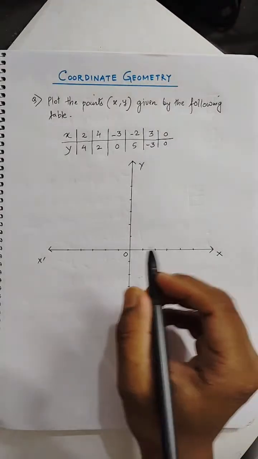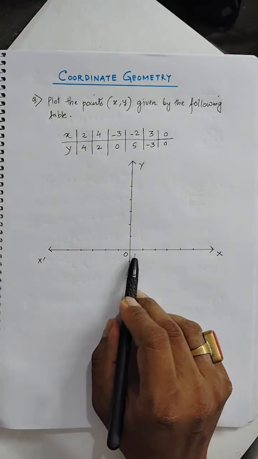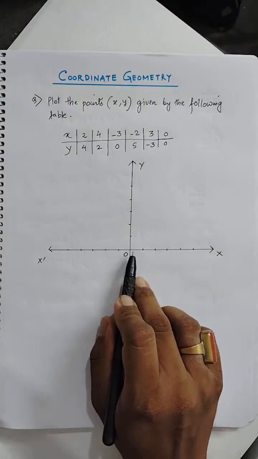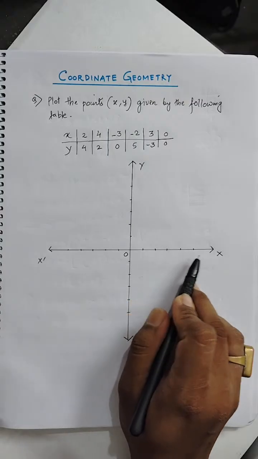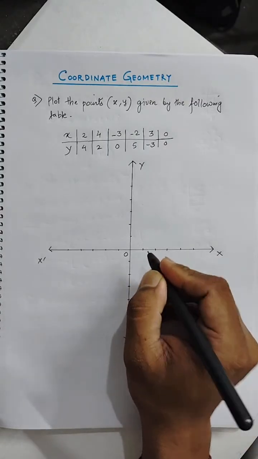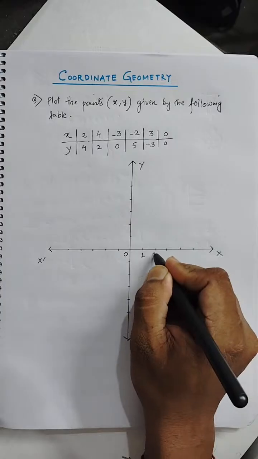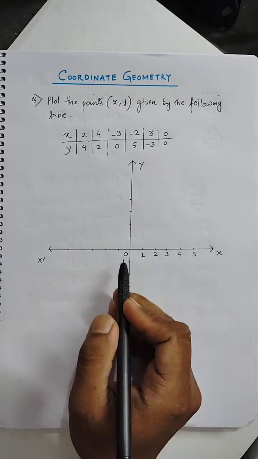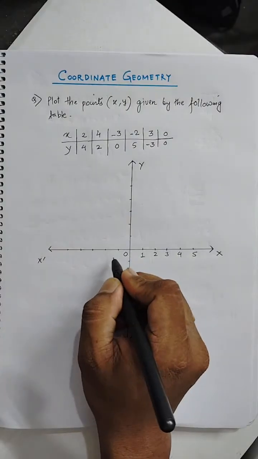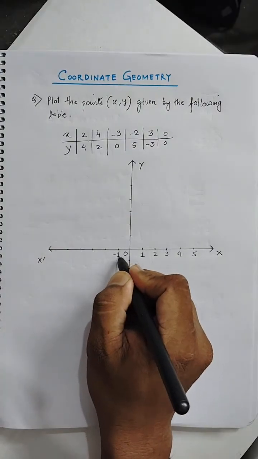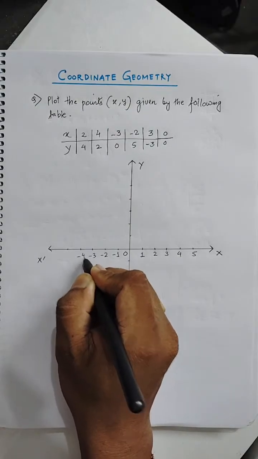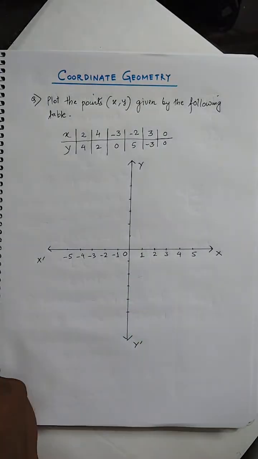Okay. So as we know, from the origin towards the right, all the points are positive. 1, 2, 3, 4, 5, and towards the left of the origin all the points are negative. So this is -1, -2, -3, -4 and -5.